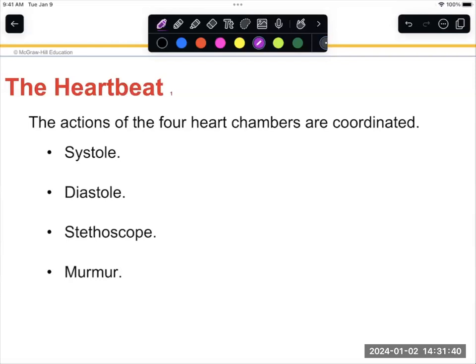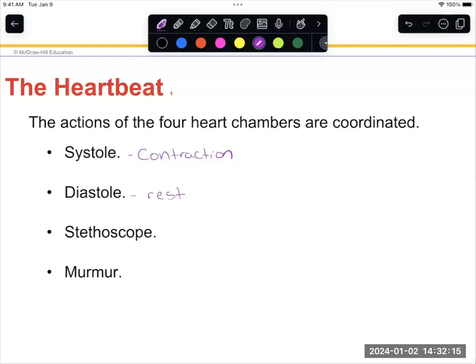So contraction occurs during systole. This is when blood is forced through the heart and circulatory system. Diastole is the period of rest between contractions. So this is when the heart chambers are refilling with blood to be pushed through the heart again.